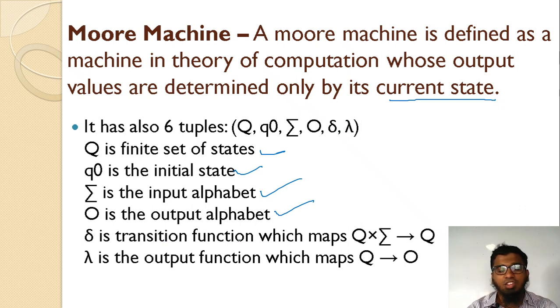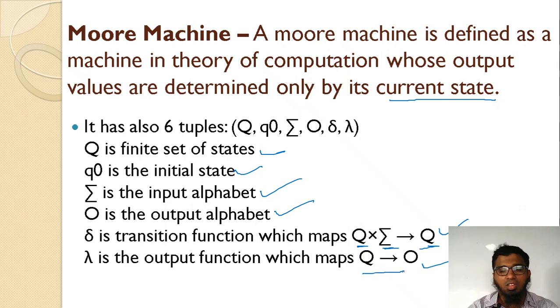Delta is the transition function which maps Q cross sigma to Q. This is also the same as Mealy, but when we go to the output, delta is the output function which maps Q to O.